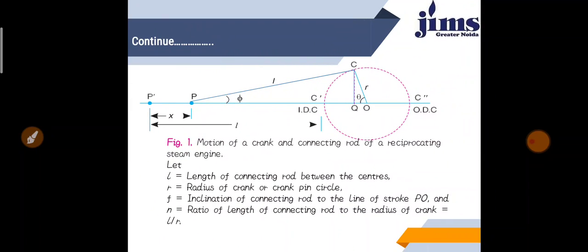Now let us suppose small l is the length of the connecting rod between the centers, r is the radius of the crank pin circle, phi is the inclination of the connecting rod to the line of stroke, and small n is the ratio between the length of the connecting rod and the radius of the crank.